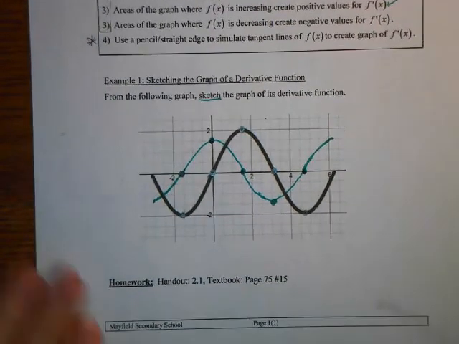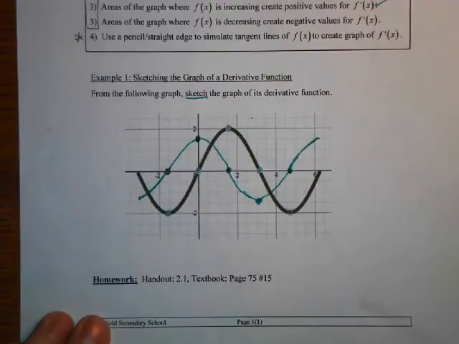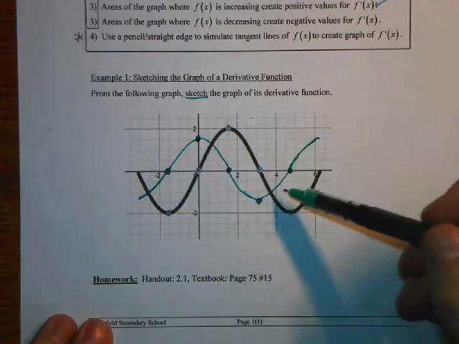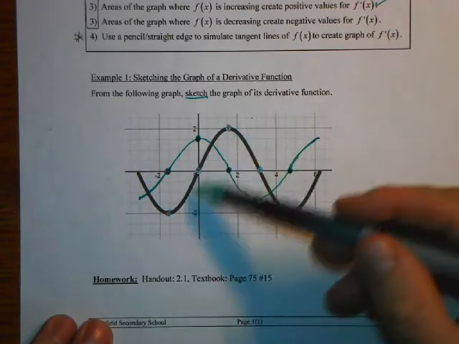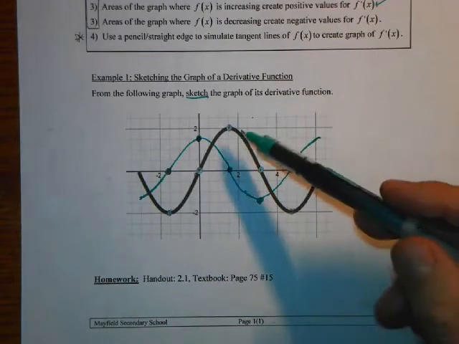Okay, so there's also a single question from the textbook for you to do as well, but this should give you a good exercise on thinking about, okay, if this is the graph of my original function, what would the graph of the derivative look like? So there's some key points.